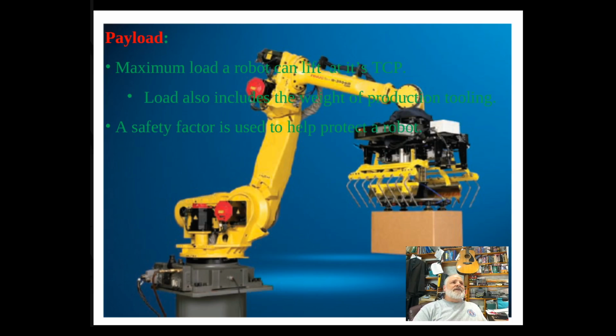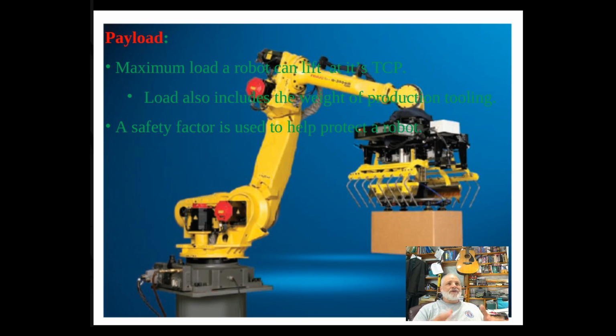Another thing to be concerned about is the payload. The payload refers to the maximum amount of weight that the robot can lift at the tool center point. Depending on the type of tool center point, that's going to affect it, but also the type of end of arm tooling or production tooling that we have mounted. So this gripper in this slide is picking up a box.